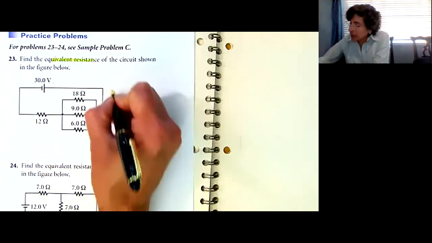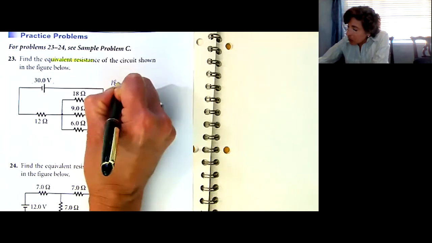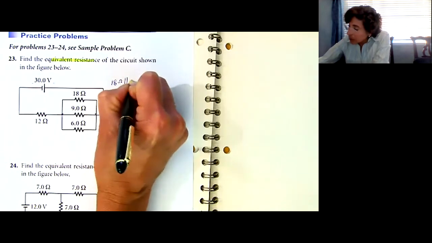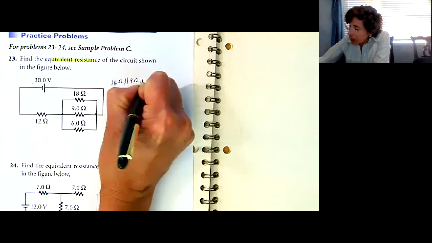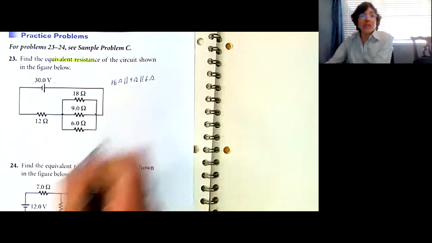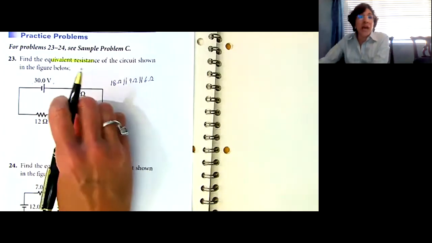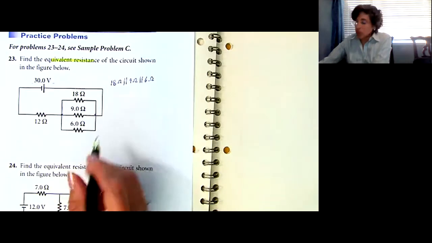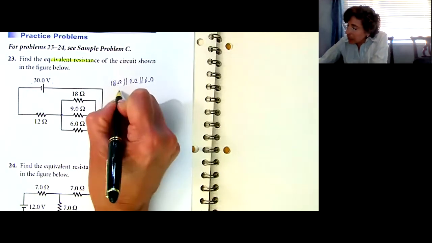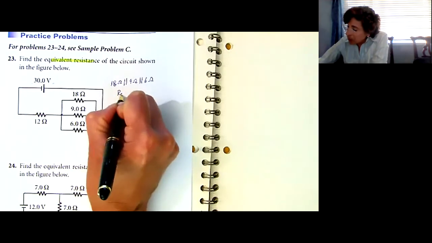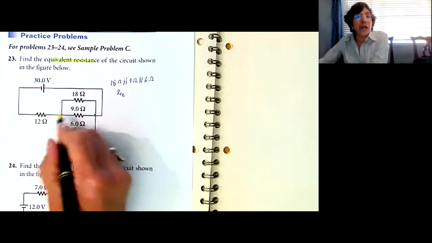So I know that here 18 ohms is in parallel with 9 ohms, which is in parallel with 6 ohms. So let's reduce this portion down into its equivalent resistance. I'll call it R equivalent 1, because we're going to have another one.